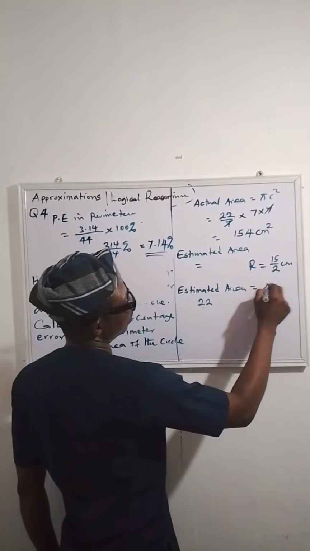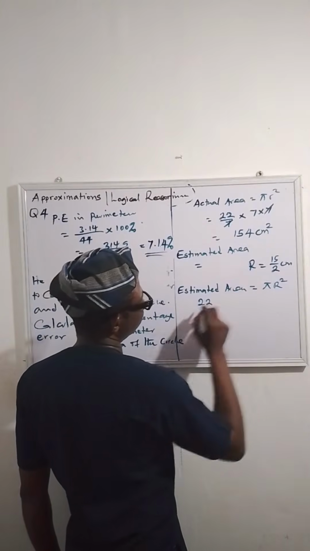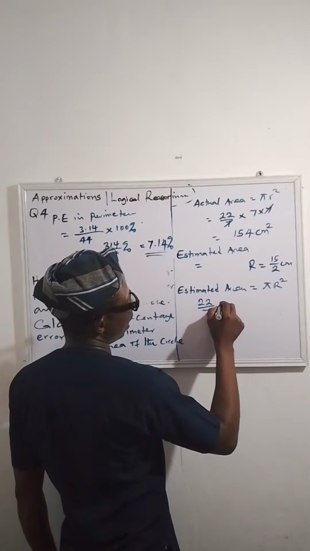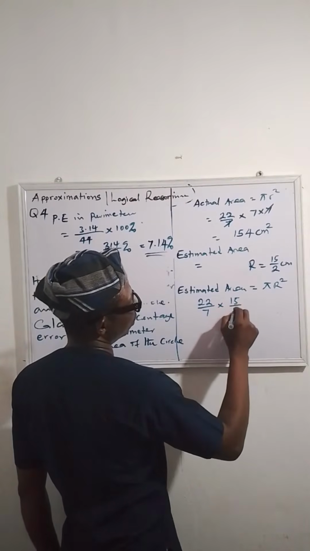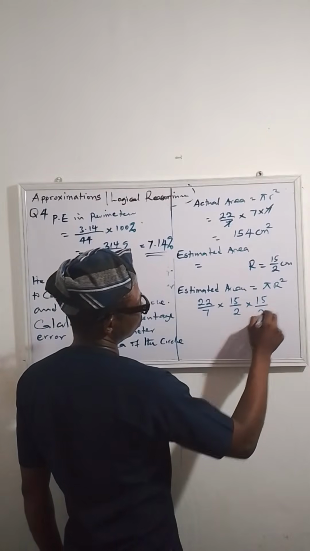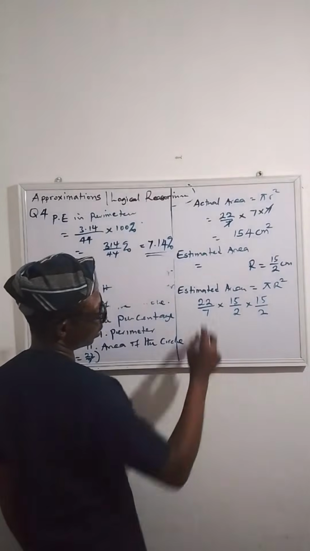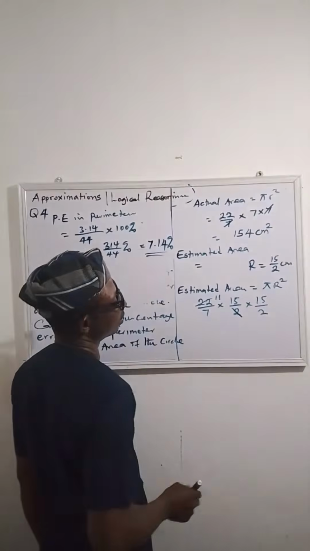22/7, because we have that pi r square. 22/7 times r, that is 15/2 times 15/2. Okay, you can simply reduce this one to this while we have this.